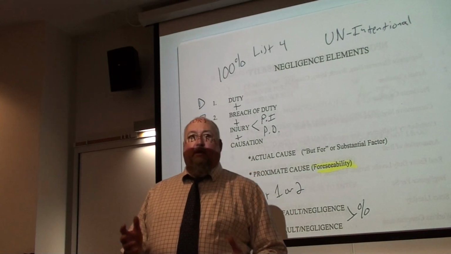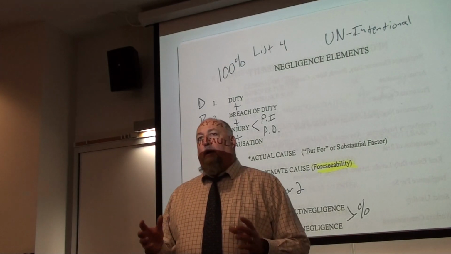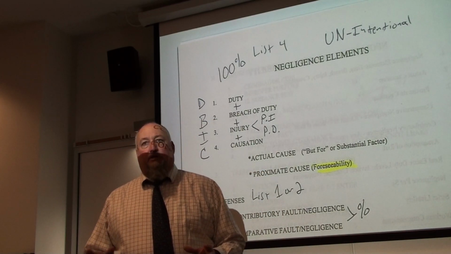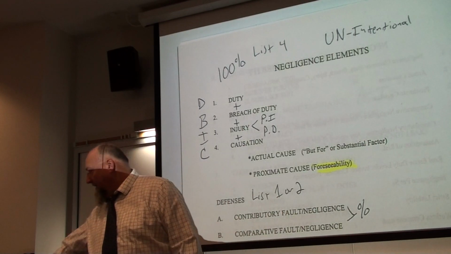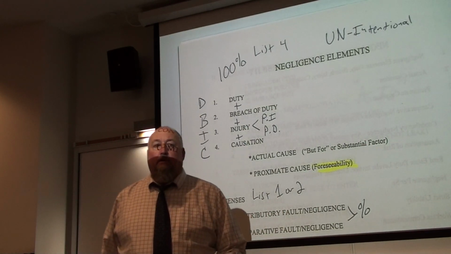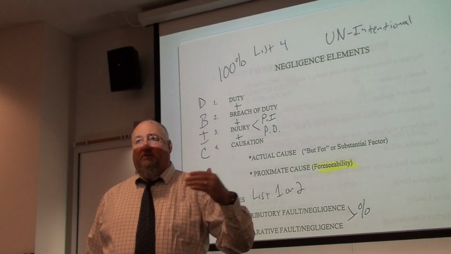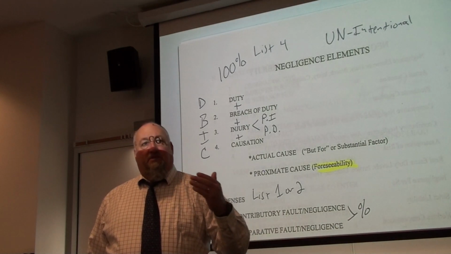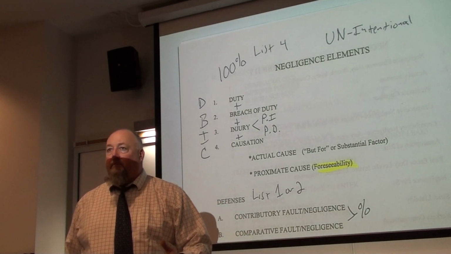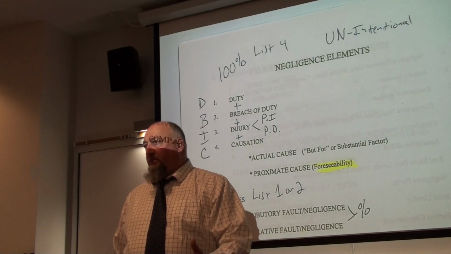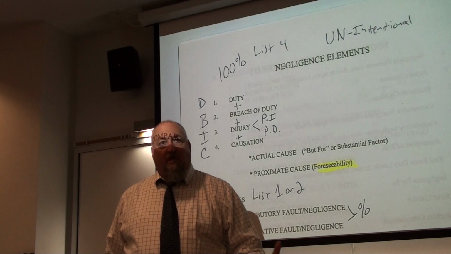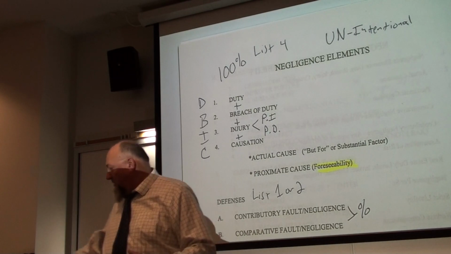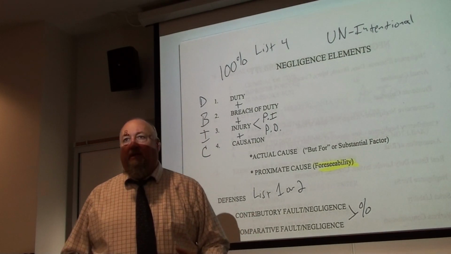So the first thing I want you to know about negligence is the whole idea of negligence is you have an obligation or a responsibility or what we call a duty, which is the first element. You have a level of responsibility that you must adhere to, and if you cause somebody harm, either bodily harm, physical injury, damage to personal property, damage to somebody's reputation or their business, when I use the word injury, it could be personal injury or property damage.